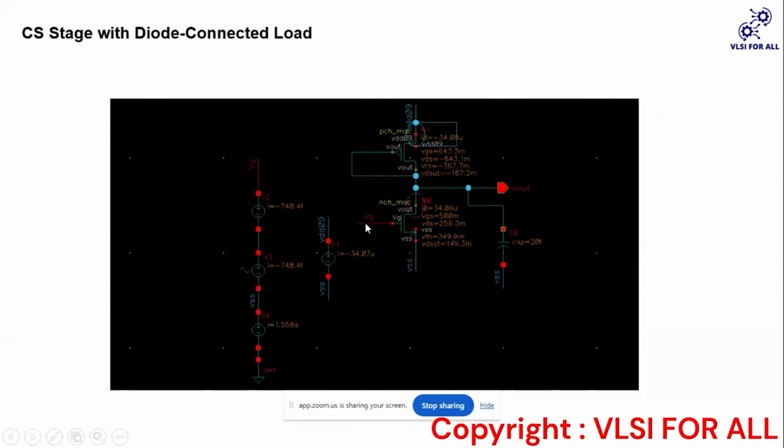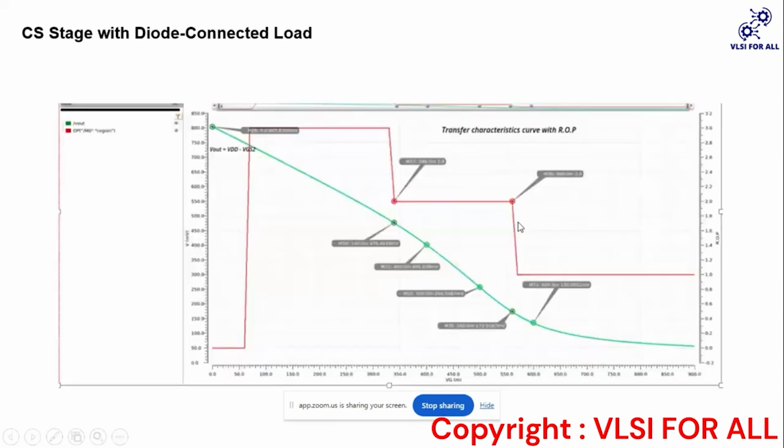Okay, and what will be the gain? The gain will be minus gm times RD. So we can see here the gain will be minus gm1, if we are considering this as 1, so minus gm1 divided by gm2, right?